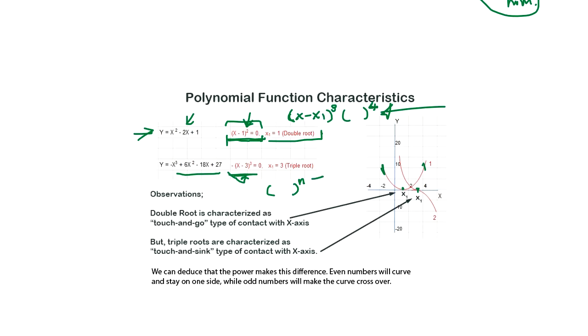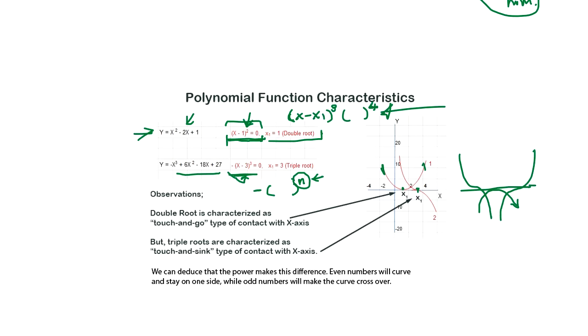If n is even, it's going to be touch and go up again, or it could be touch and go down, right? Depending on the sign here. But when n is an odd number, it seems to be like this, or the other way around.